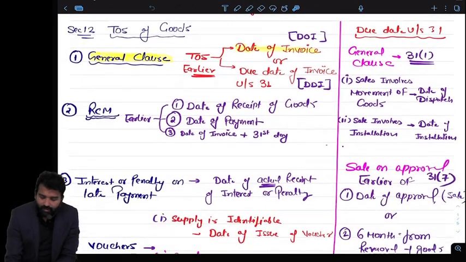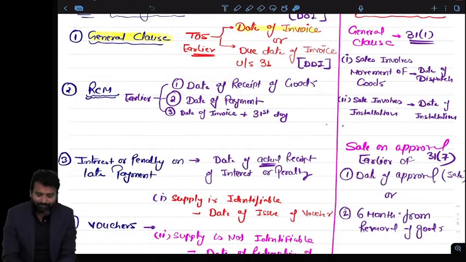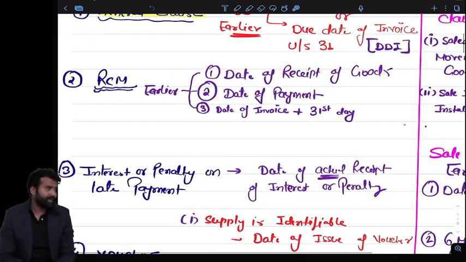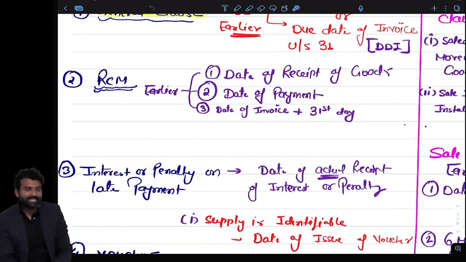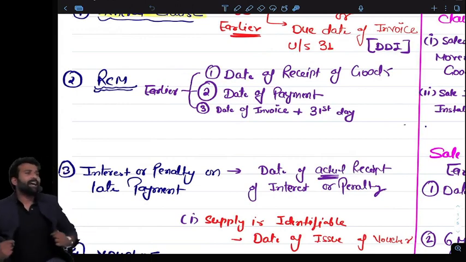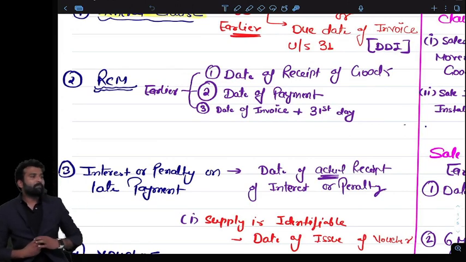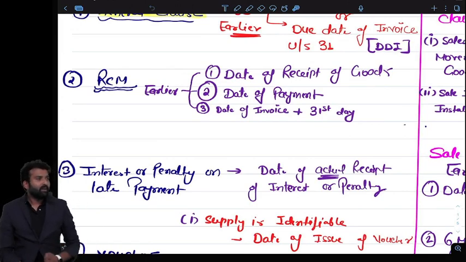Okay. But if the case is regarding RCM, then the time of supply will be different. Because in a case of RCM, the tax liability is on the supplier or receiver? Please tell me. In case of RCM, who is liable to pay tax? Supplier or receiver? Of course, the receiver. So from the point of view of the receiver, the time of supply will be different.